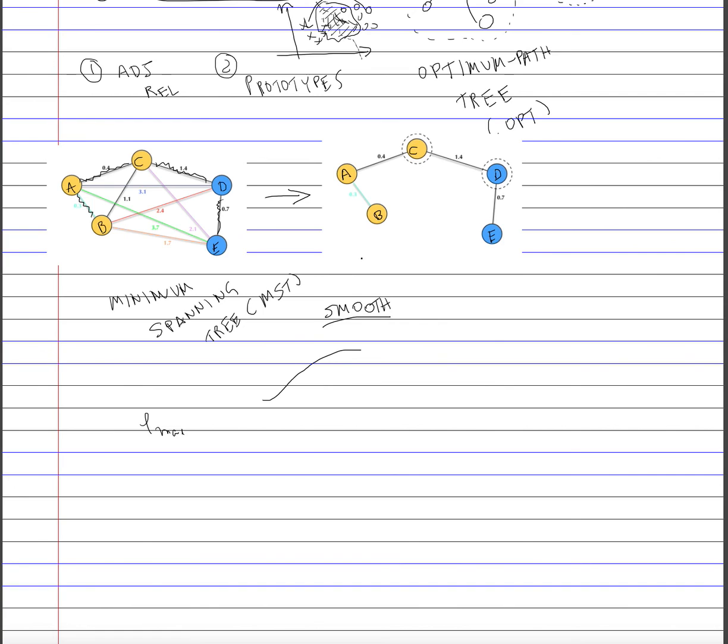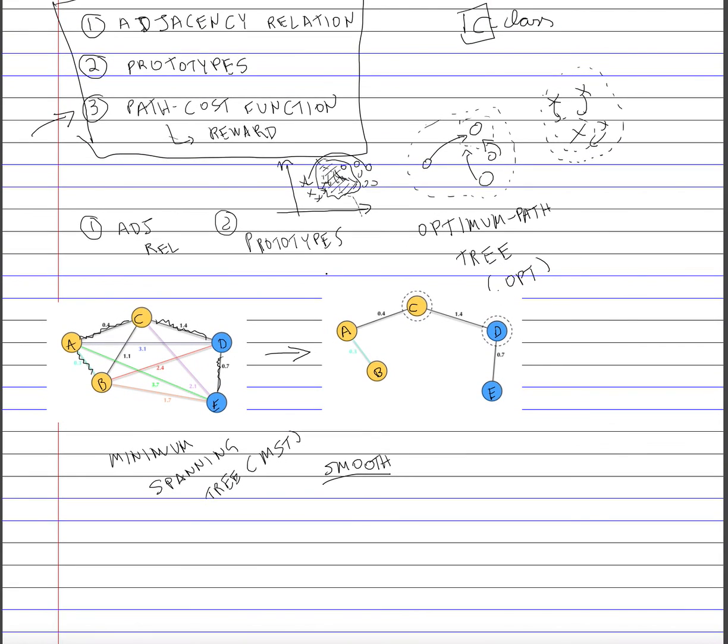So for instance, if we start a path from sample B and we pass through sample E until sample C, the cost of this path is going to be just 0.4 because we're using the maximum arc weight on the path. Okay? So the first version of the OPF chooses the fmax as the path cost function.